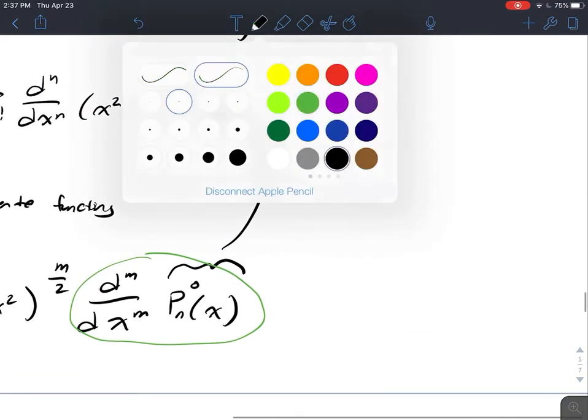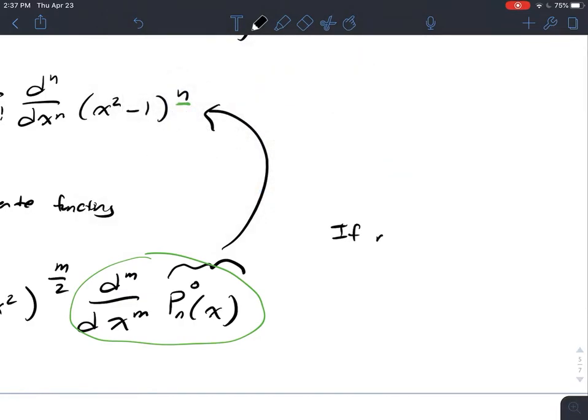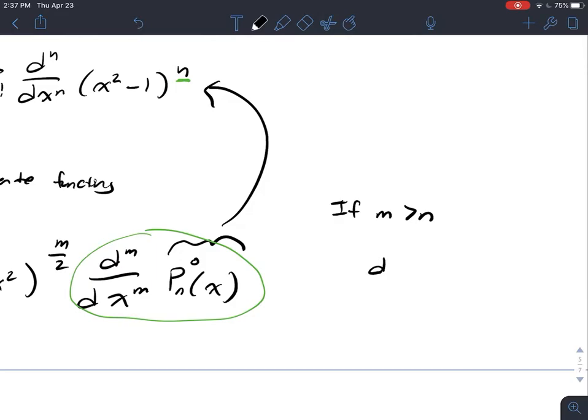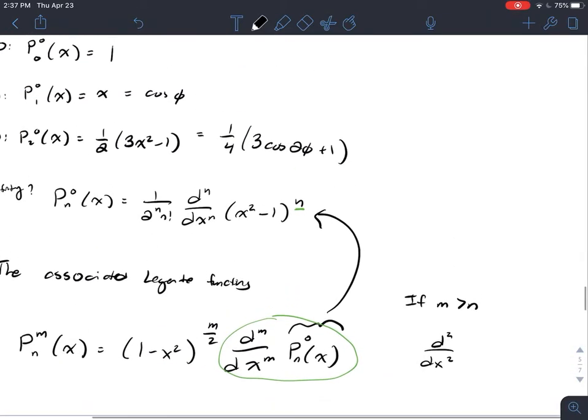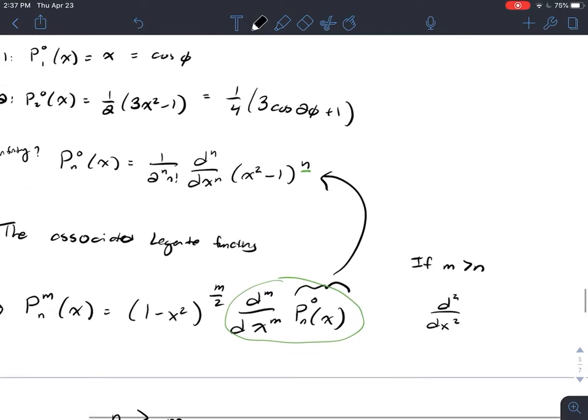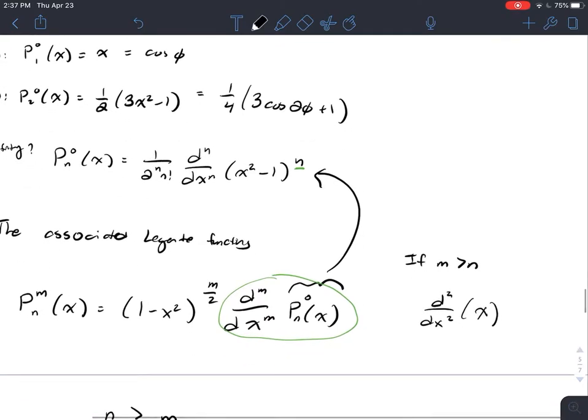If m were greater than n, we would be taking a higher order derivative than n. A more explicit example of this: let's say m was equal to 2 and n was equal to 1. So this would be d squared/dx squared of whatever the polynomial for n is. For n equals 1, we have x.